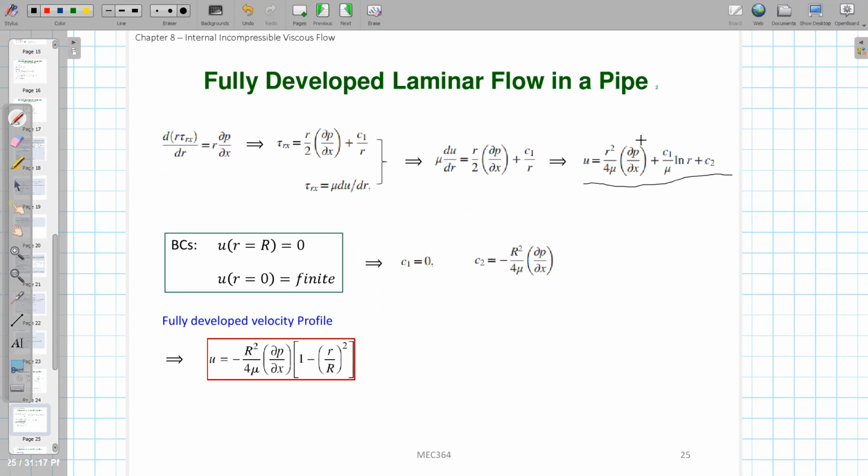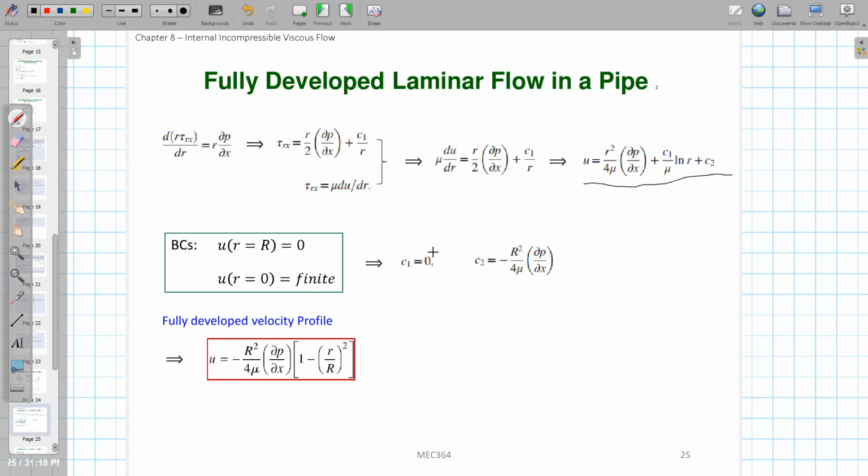I think it goes to minus infinity. So if you keep this term at r equal to 0, this u will not become a finite value. So the only possible way is to remove this term. So C1 has to be 0. From this boundary condition, at r equal to 0, u has to be finite, so C1 has to be 0.